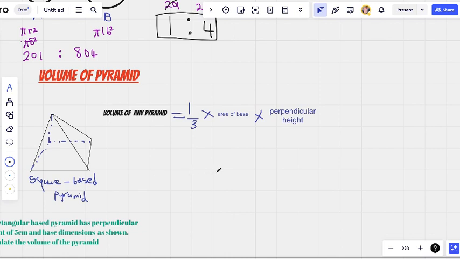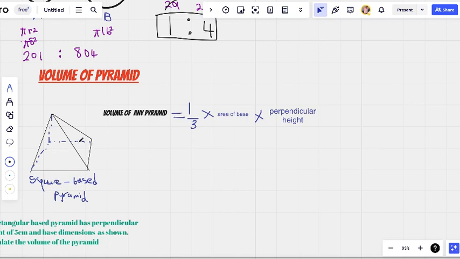So when you are asked to calculate the volume of the pyramid, you must calculate the area of the base. If the base is a square, find the area of the square, multiplied by the perpendicular height in order to get the volume of a pyramid. So when you're dealing with a pyramid, you must look at the base. If the base is a square, find the area of a square. If the base is a rectangle, find the area of a rectangle.